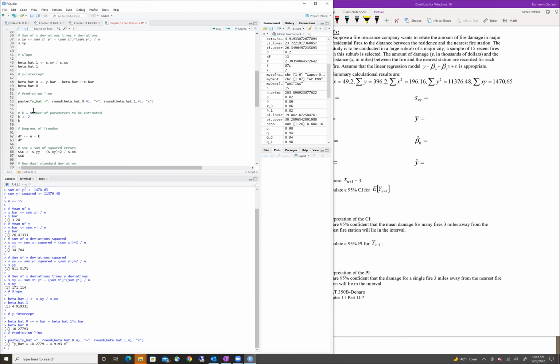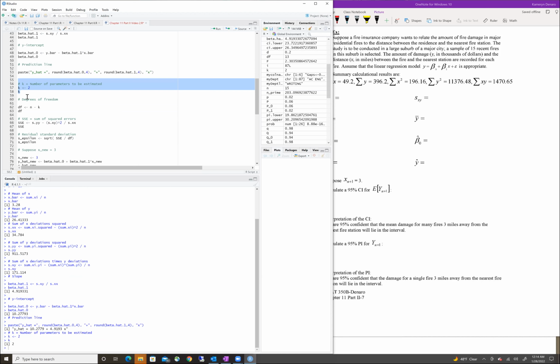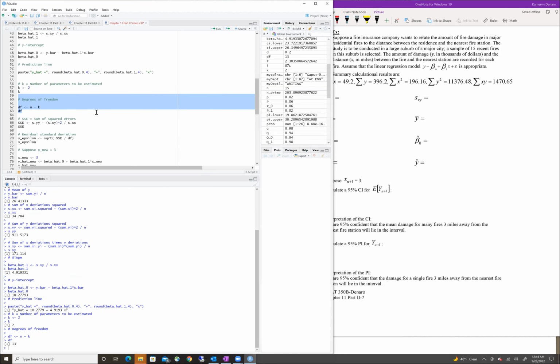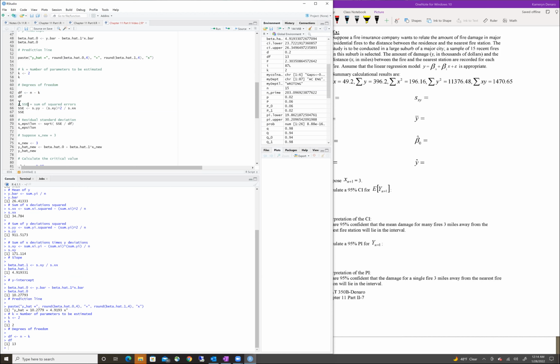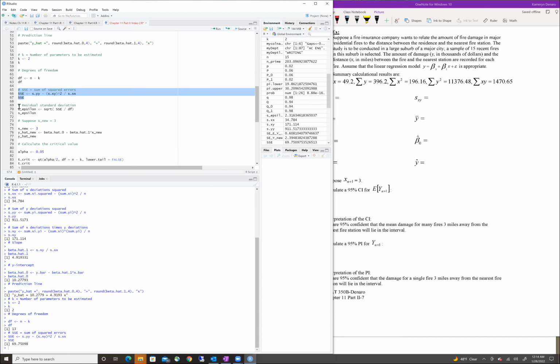Remember that we're estimating two parameters, the slope and the intercept. So k equals 2, and our degrees of freedom should equal n minus k. So 15 minus 2 leaves us with 13 degrees of freedom. We calculate the sum of squared errors using the formula, and we can calculate S epsilon, the residual standard deviation.